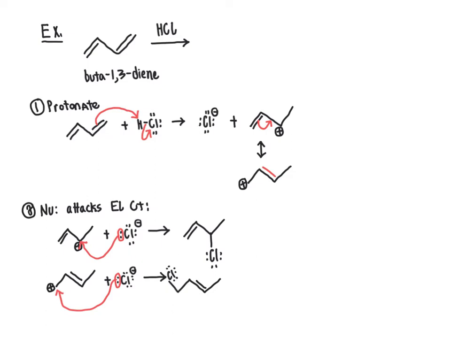So in both of these cases, the chlorine has formed a bond allylic to the alkene group, where by allylic we mean that we go from the alkene group one spot over, and it's that carbon one spot over from the alkene group, where you will see the chlorine having formed a bond.